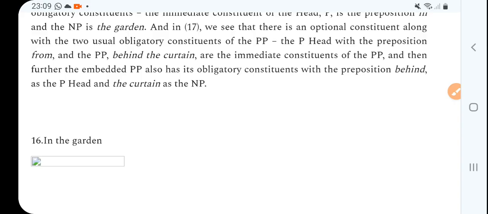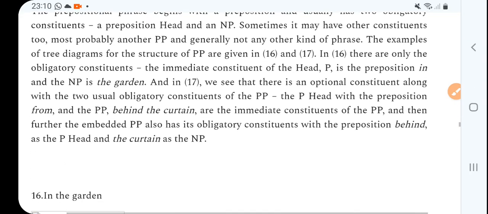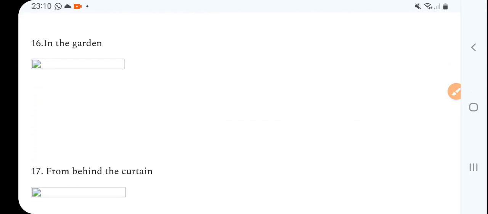An optional constituent comes along with the two usual obligatory constituents of the PP. The P head is the preposition from, and the PP behind the curtain is its immediate constituent. Further, the embedded PP also has its obligatory constituents, with the preposition behind as the P head and the curtain as the noun phrase. The diagram is not open, so I cannot show it.